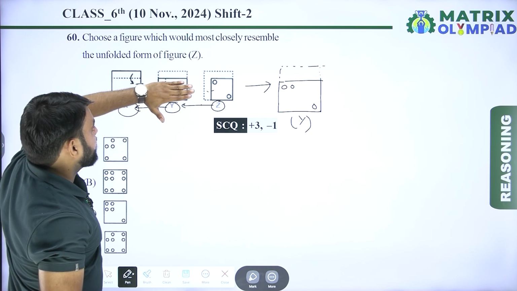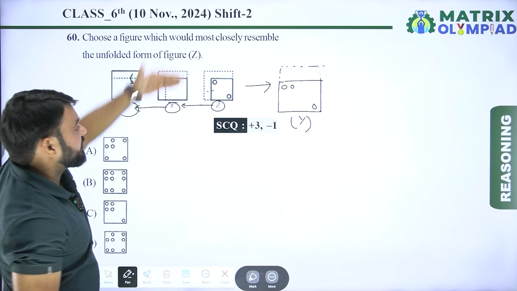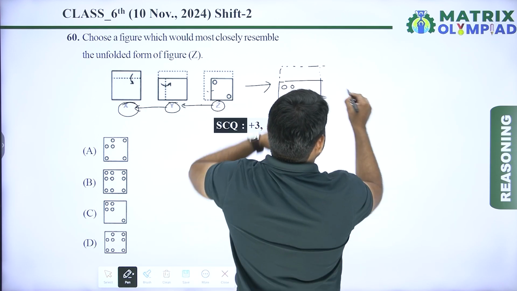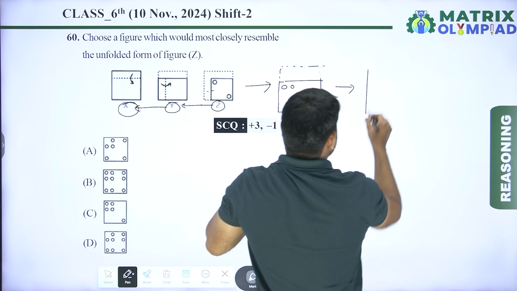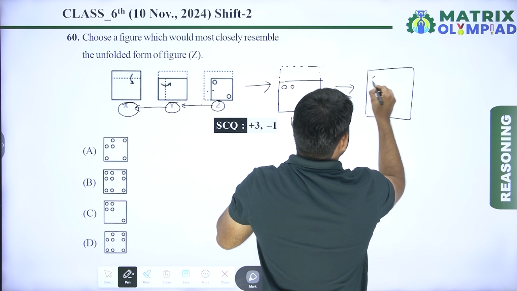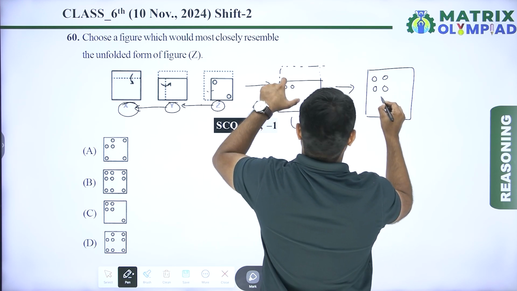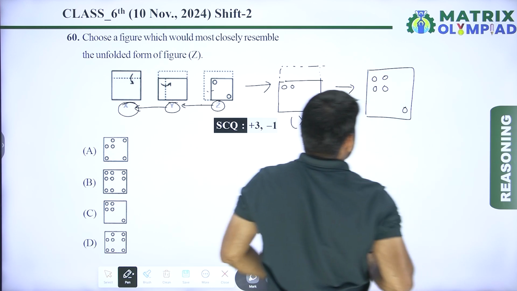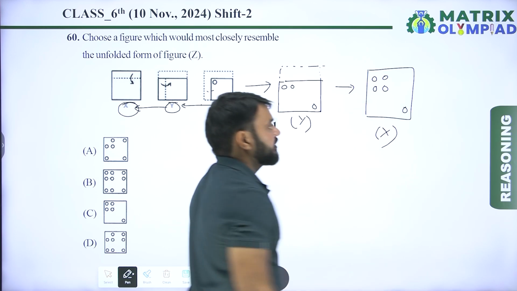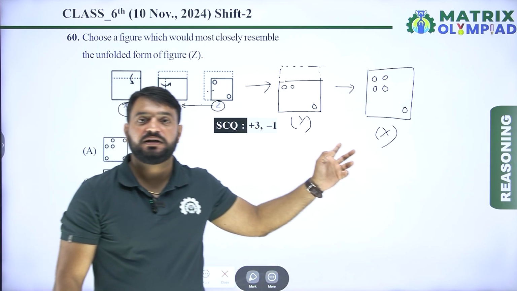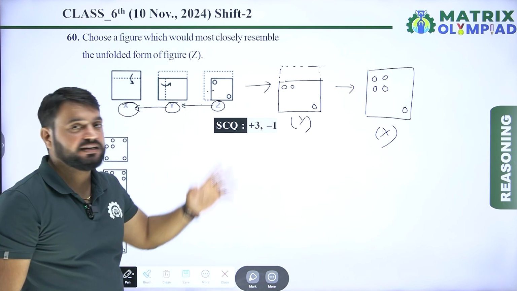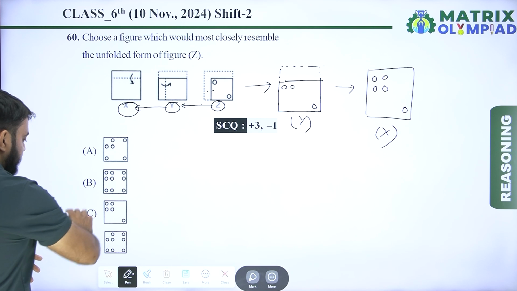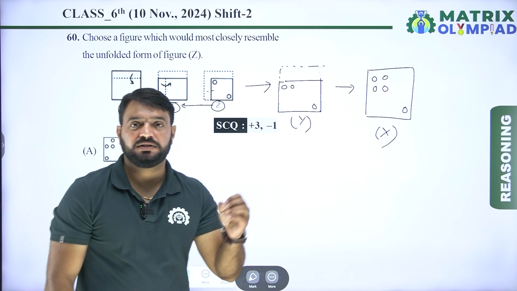So Y will be unfolded in this direction. When we unfold Y, we get an image like this. The image of this part looks something like this. So this is figure X. So this is the correct unfolded paper after cutting. So here option C is the correct answer of this question.